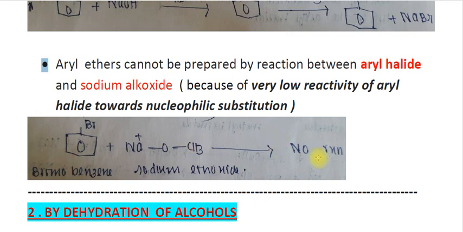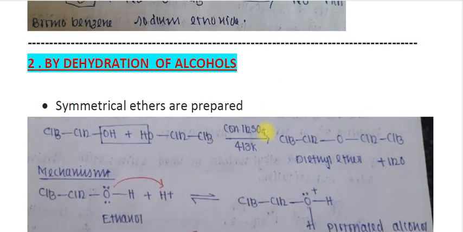No product will form here. Why? Because the aryl halide has very low reactivity towards nucleophilic substitution. That is why it does not react and the product does not form at all.